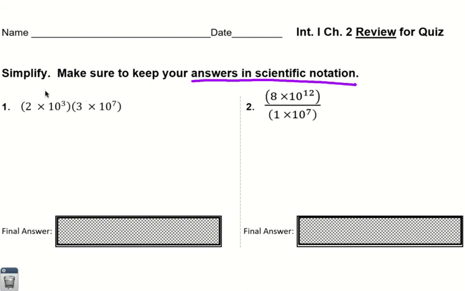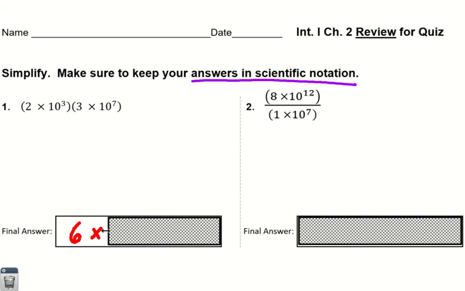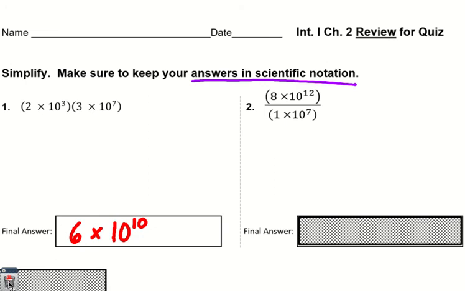When we're multiplying a couple of numbers in scientific notation, all you really have to do is multiply the 2 and the 3 together, those regular numbers, okay? The 2 times the 3 will make 6. And then you're also going to multiply the 10 to the 3rd and the 10 to the 7th together. Since it's the same base of 10, you can add the powers.